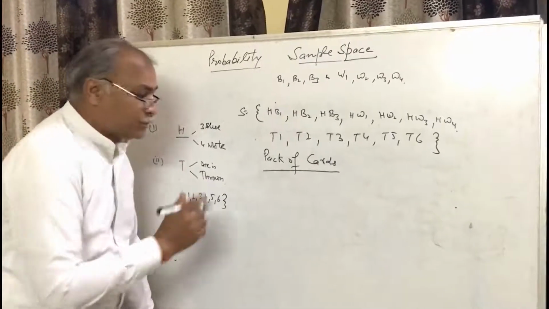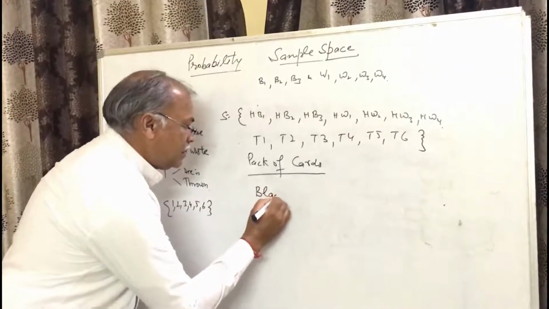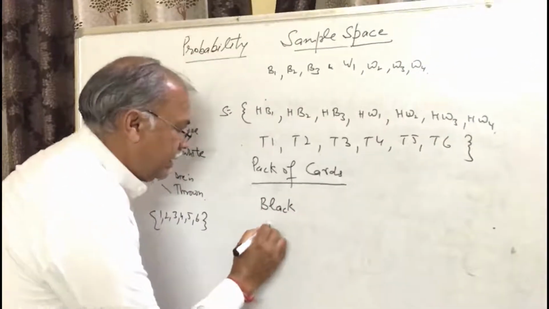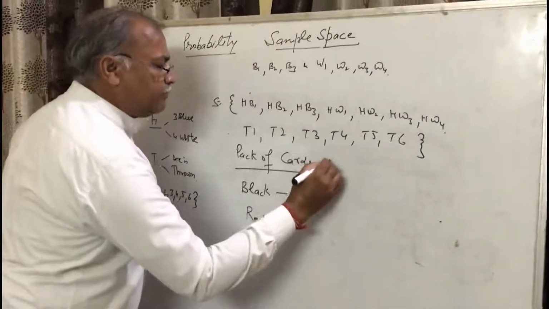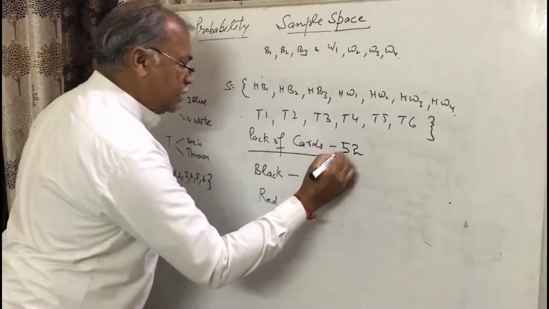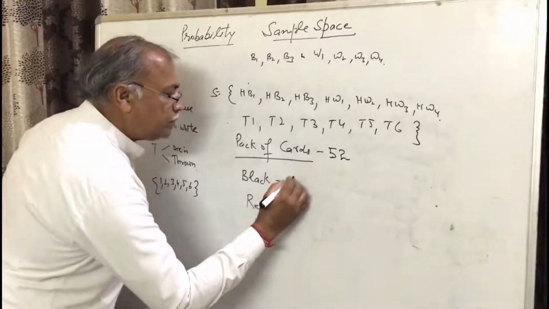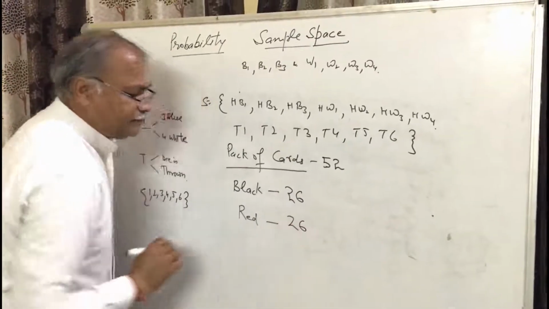So pack of cards, two colors, black and red. Total cards 52, right? And black cards are 26. Red cards are also 26.